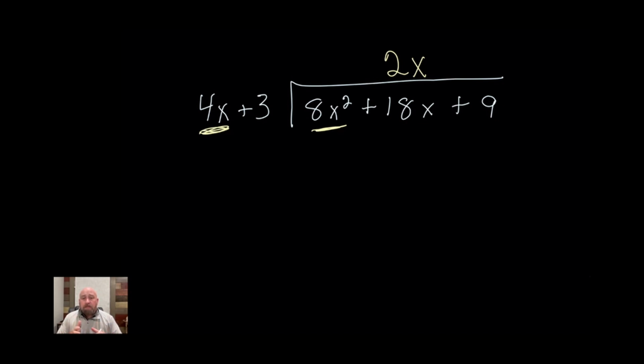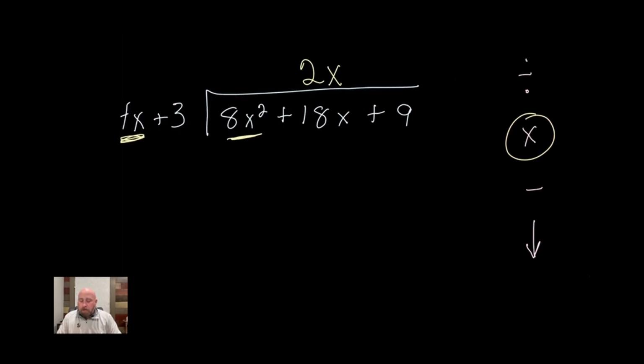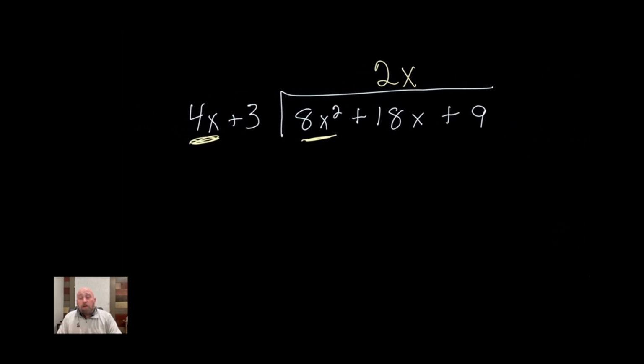The problem is you have to write them in the same columns. Very, very important. Now, the next step is to multiply. What are we going to multiply? If you go back to the book on 212, it says that you multiply the thing that you just divided into, and you multiply it back times this.